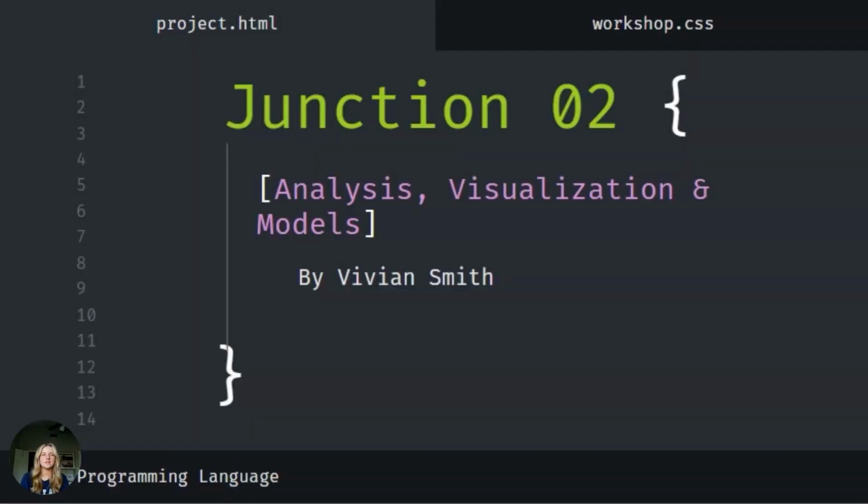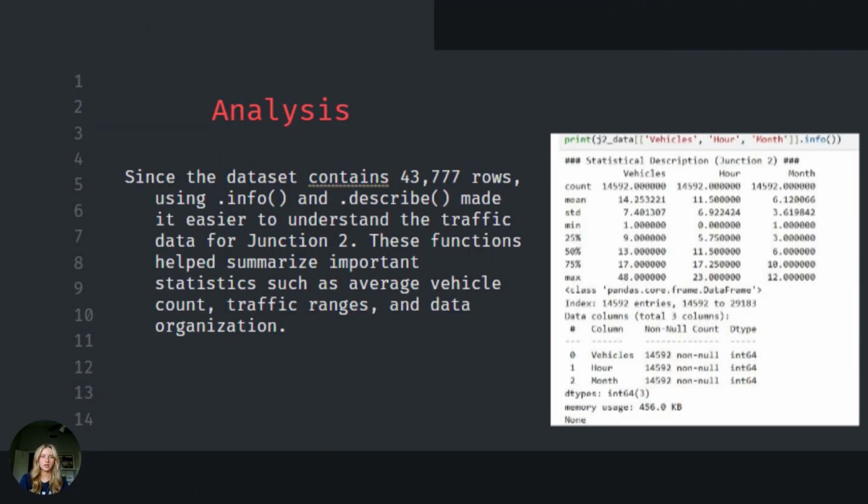Hi, my name is Vivian Smith, and I am doing Junction 2 for the traffic analyze volume. So for my section of the project, I focused on Junction 2 and analyzed the traffic volume patterns using the traffic data set.